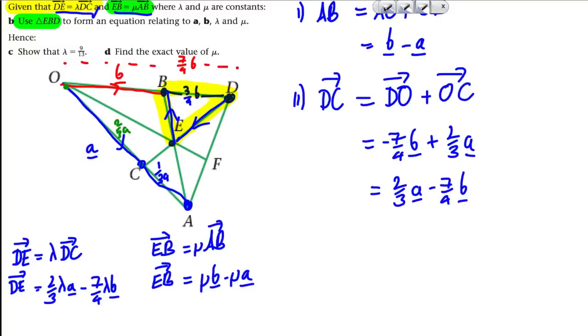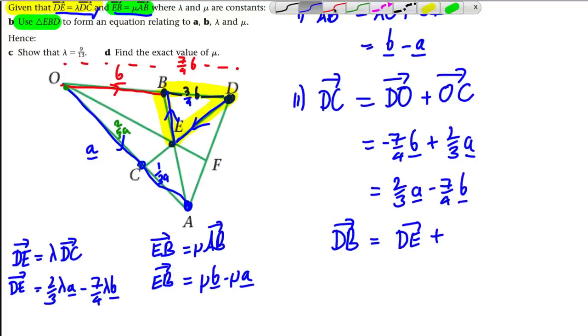Okay, now, hence we have got something about D to E, that vector, and hence something about E to B, that vector. Let's consider the vector DB, D to B, right? Now D to B is clearly, by the triangle law, D to E plus E to B. Right?